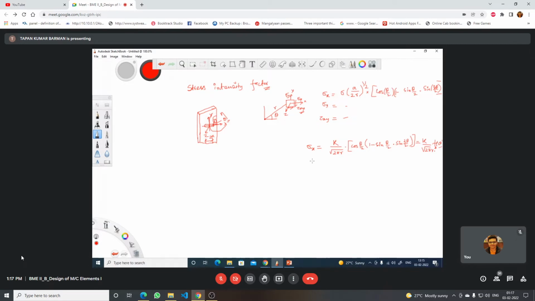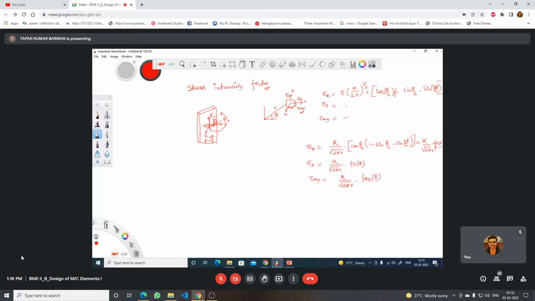Similarly, sigma y may be estimated like this, K by root 2 pi r f y of theta, and tau xy is K by root 2 pi r f xy of theta.